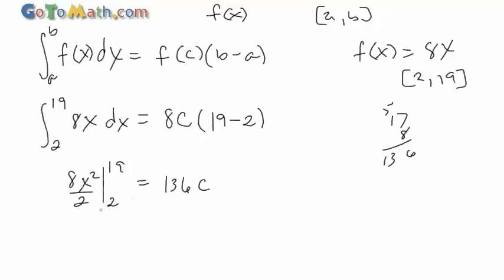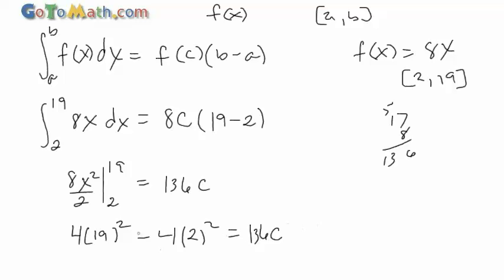Okay, so 2 goes into 8 4 times, and then we're going to plug in our upper bound here, 19, and so that's going to end up being 4 times 19 squared, minus, this is the fundamental theorem part, 4 times 2 squared, which is 16, and then of course we just divide by c.